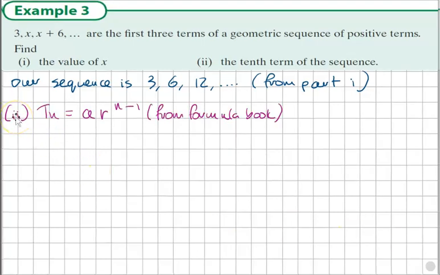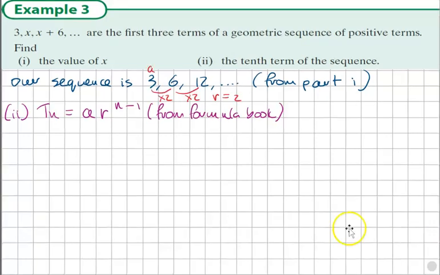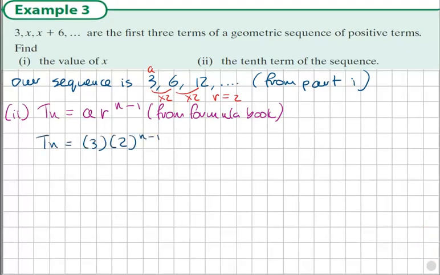For part 2, we have our Tn formula from the formula book. So Tn is equal to a r to the power of n minus 1. a is 3, and r, our common ratio, is 2, because to get to each term we multiply by 2. So subbing into our formula, we replace a with 3 in a set of brackets.